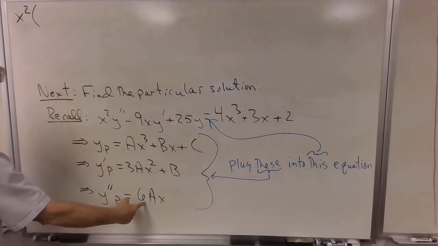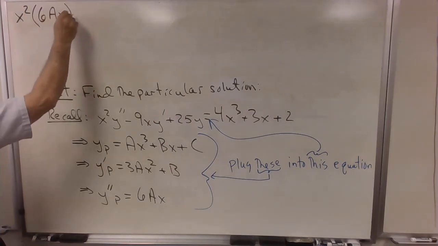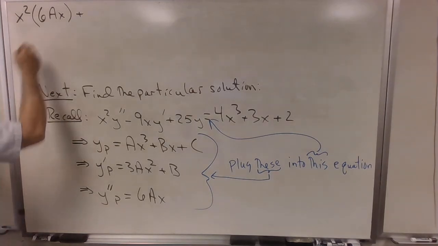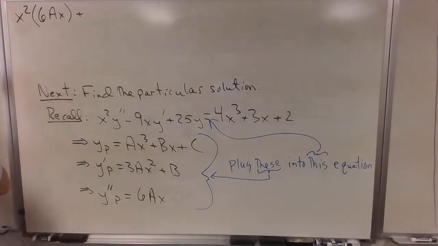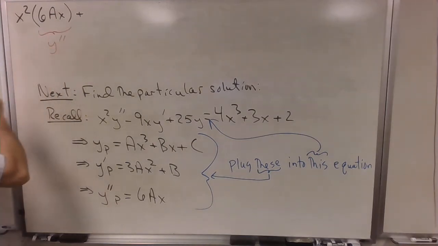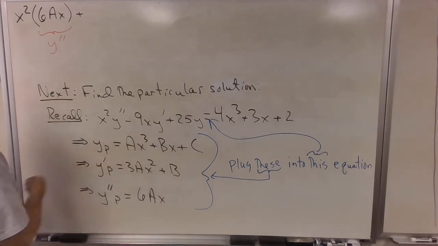So y double prime is 6ax. And then we have negative 9x y prime.